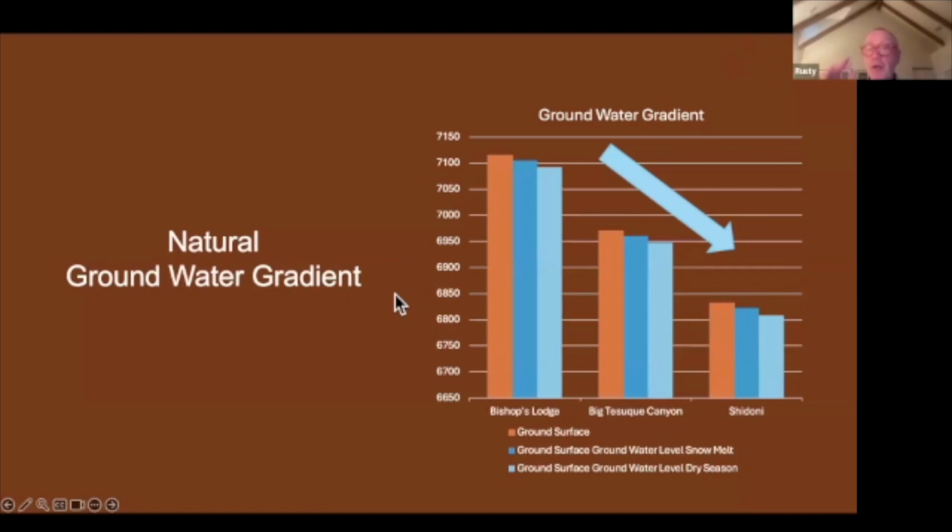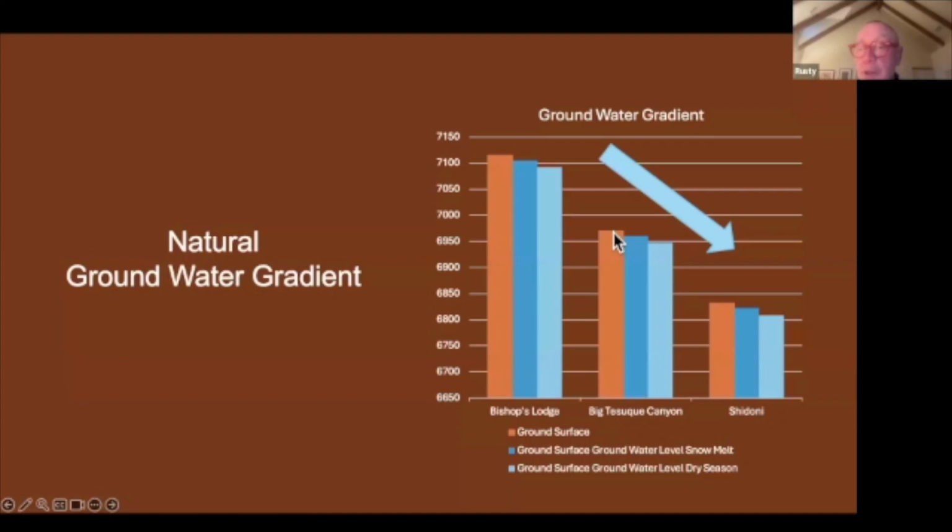This is the natural water gradient, just the gradient created by gravity as it pulls water through the ground to ever lower elevations. At Bishop's Lodge, they start out at 7,115 feet, and the groundwater is at 7,103. You come down to Big Tesuque Canyon, the elevation of the ground is 6,060 to 6,070 feet.